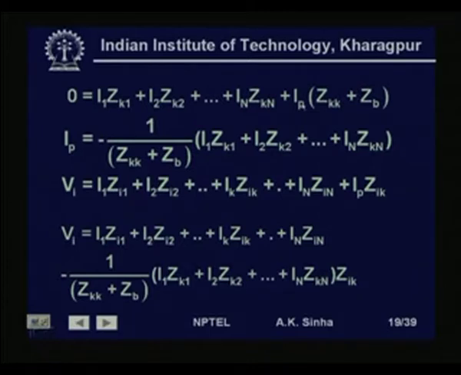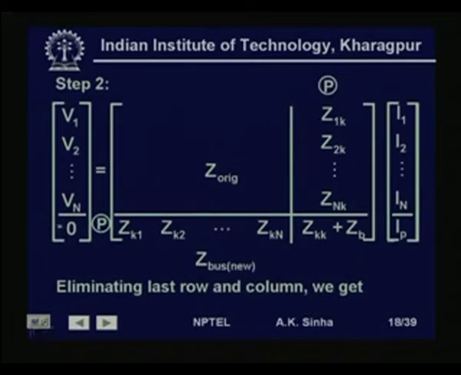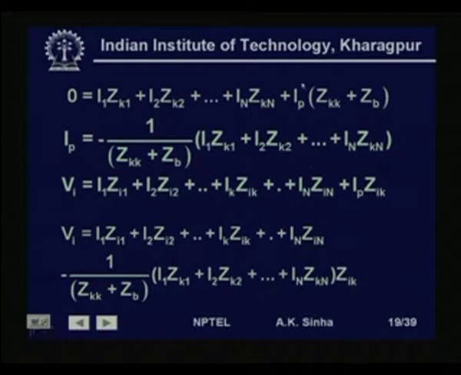That is, we are writing this 0 is equal to Zk1 into I1, Zk2 into I2 up to Zkn into In plus Zkk plus Zb into IP. So, that is what we have written here, IP into Zkk plus Zb. Now, from this we can find out the value of IP. We can take this expression on the left hand side.